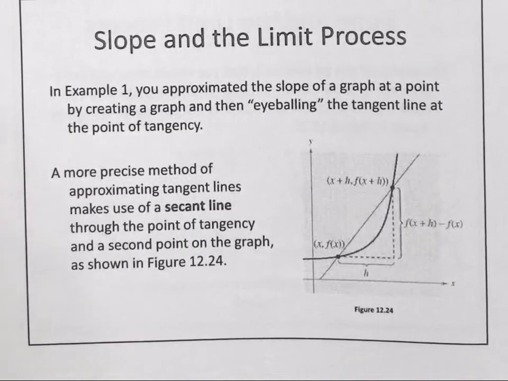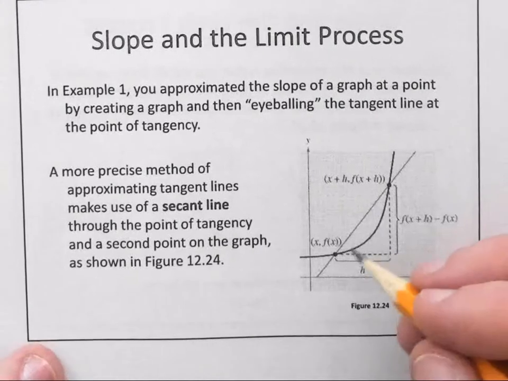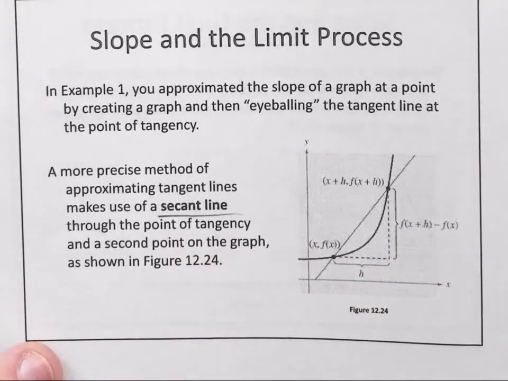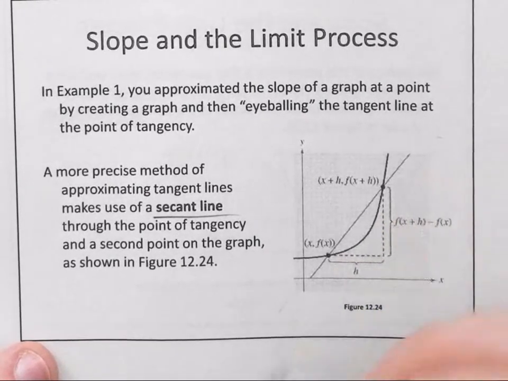Now, you can't approximate the slope at a point by creating the graph and then eyeballing a tangent line. To be more accurate, what you actually want to do is think about a secant line first. A secant line touches a curve more than once. So if I look at these 2 points and draw a line between those two, I get a secant line.